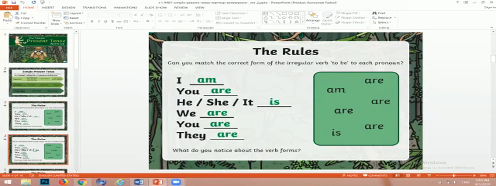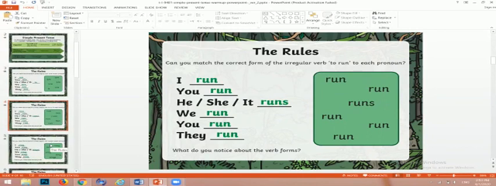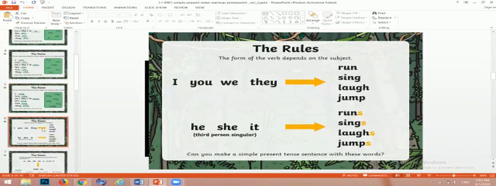Let's move to the second part. Now, we finished when to use it. Now we'll start how to use the present simple.